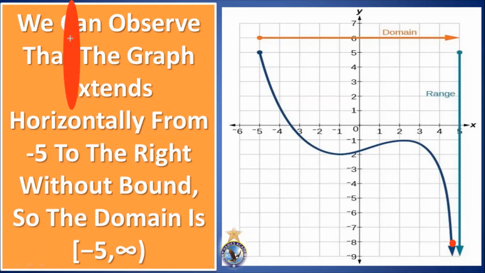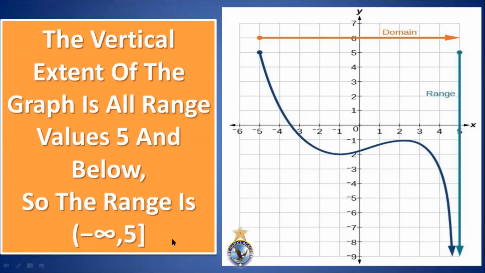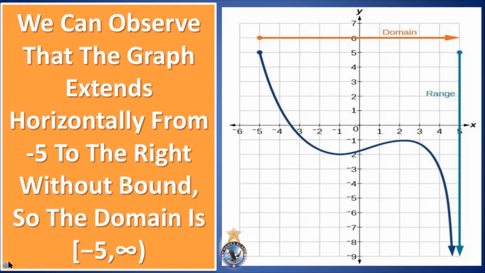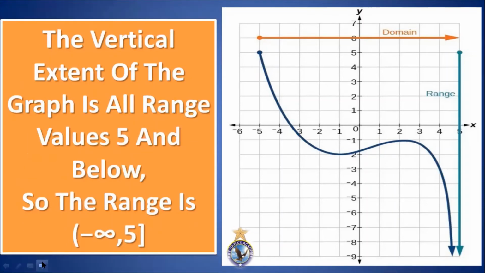Now let's go to the next slide. There is one more thing, look at this. Yes, now you can see we are looking for the range. So this was the domain and now the range.